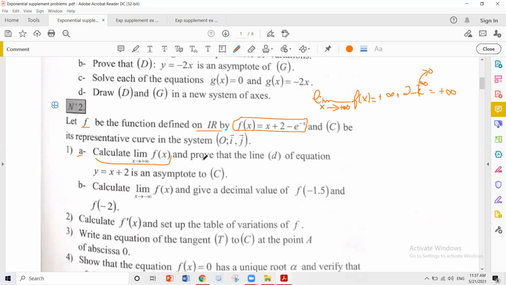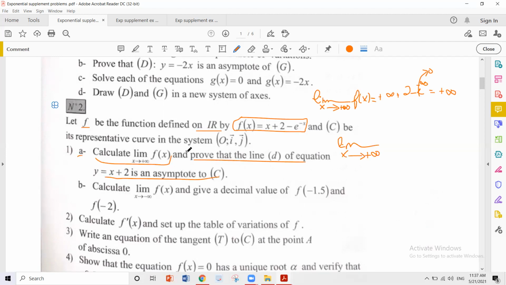And prove that the line D with the equation y equal x plus 2 is an asymptote to C. How to prove that the line y equal x plus 2 is an asymptote to C? Limit as x tends to what here we find? As x tends to plus infinity.